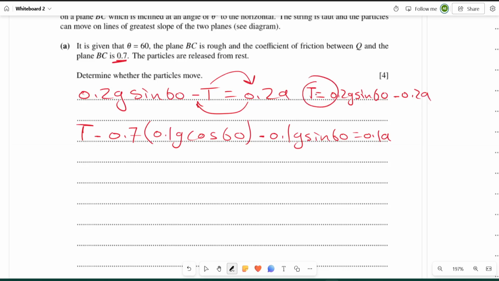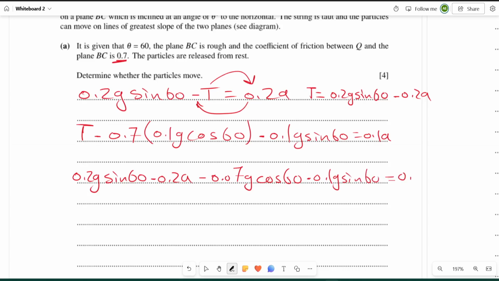And then I'm going to take this T, which is this expression, and substitute it in this T over here and solve. So I'm going to have a big equation that goes like 0.2 g sine 60 minus 0.2a minus 0.7 times 0.1 is 0.07 g cos 60 minus 0.1 g sine 60 equals 0.1a.